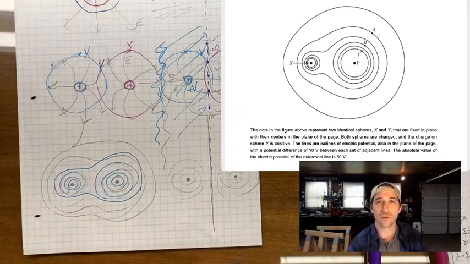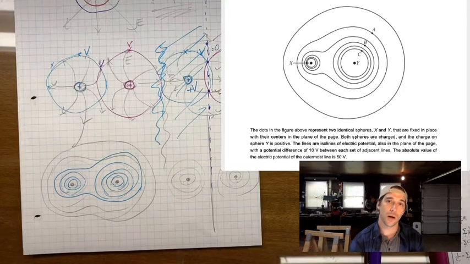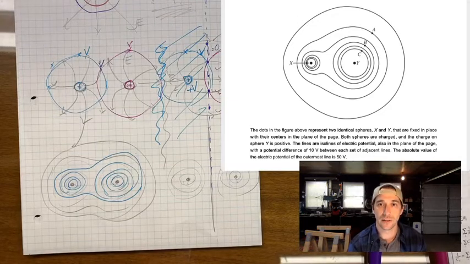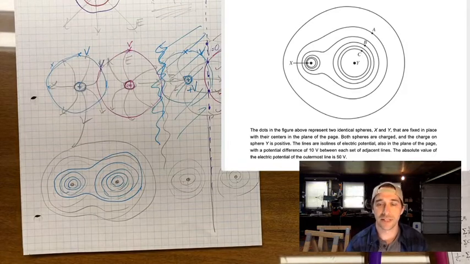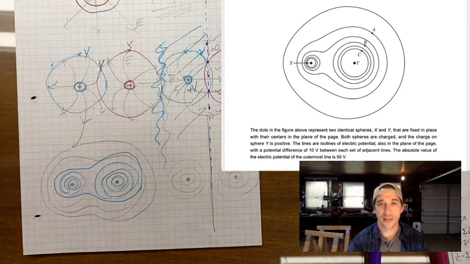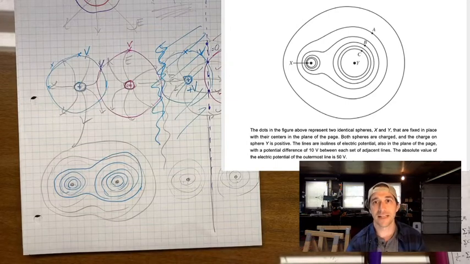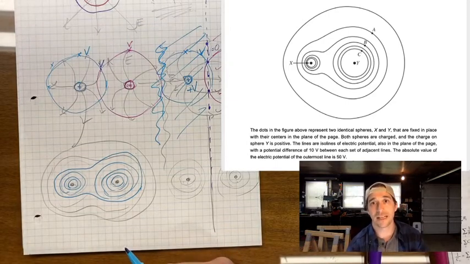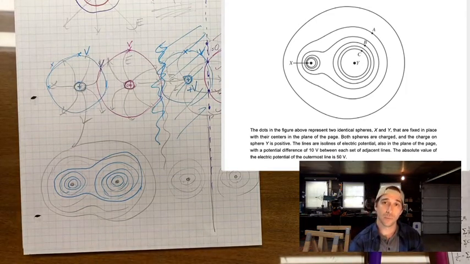Okay? So if you look at the picture on the AP question that we're looking at, around Y, there actually are more rings getting closer and closer to Y that they didn't draw. So I believe if you read the problem, the outermost that's around everything has a potential of 50 volts. And as we walk our way closer to Y and closer to X, they go up by 10. So 50, and then line A is 60, and then 70, and line B is 80, and between is 90, and C, all the way close to Y, is actually 100 volts.